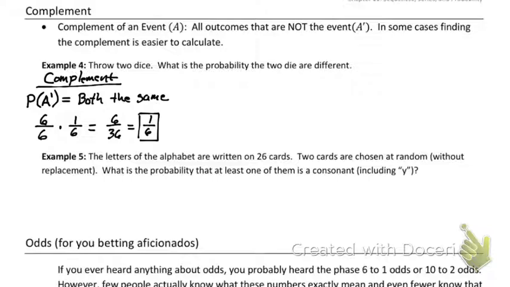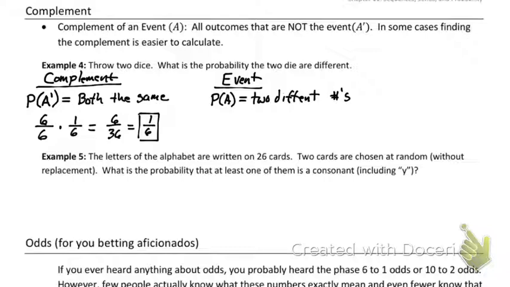Now we're going to calculate our event. Remember, our event is our regular probability that is going to be 2 different numbers. Well, to calculate that, we just need the opposite of 1 over 6. That should end up being 5 over 6.